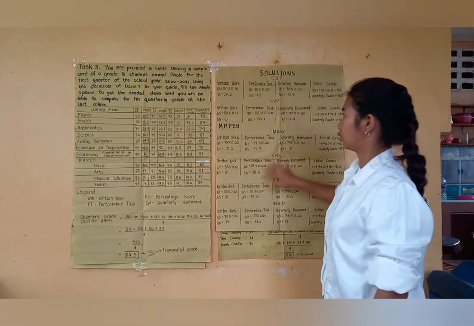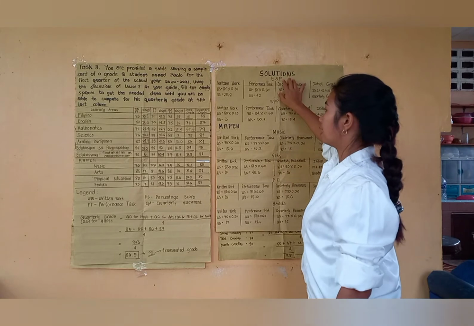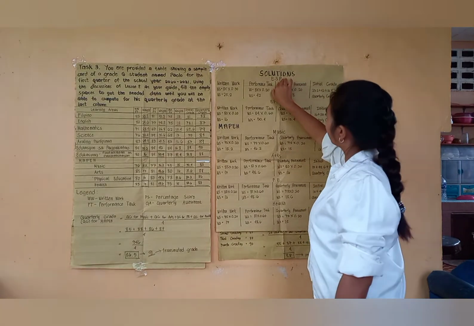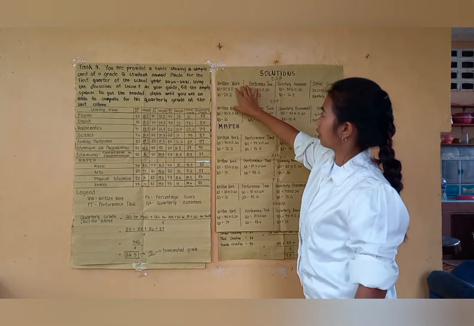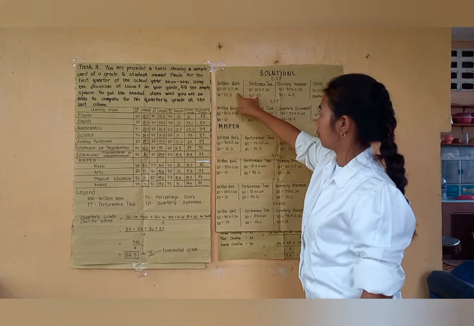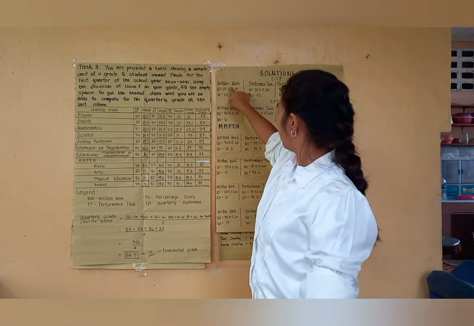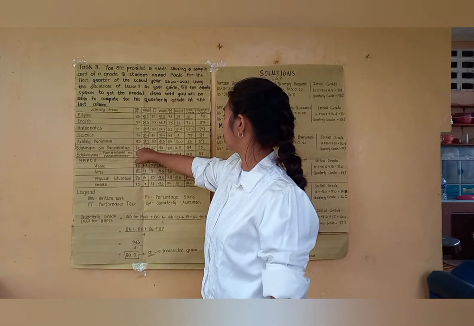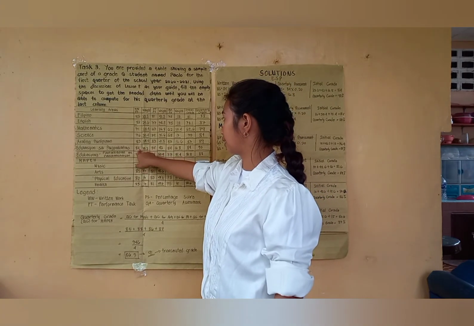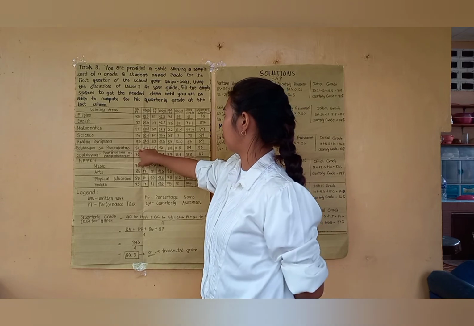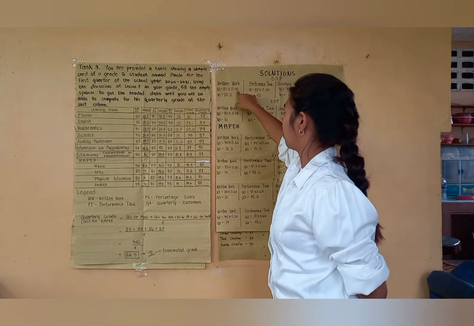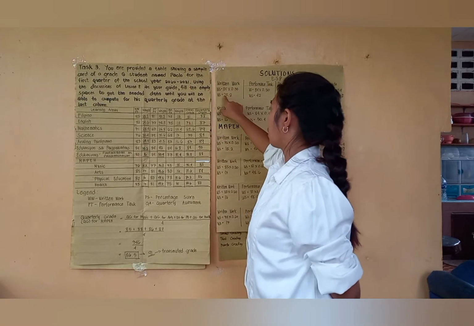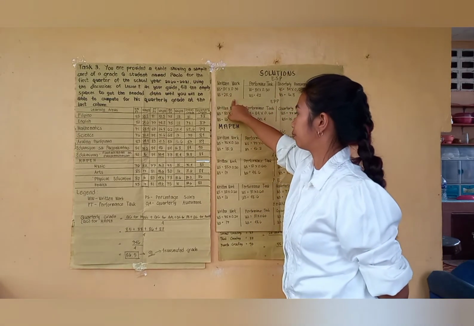So, here's the solutions. In ESP, or Education sa Pagpapakatao, in written work, the given grade is 84, times 0.30 equals 25.2.